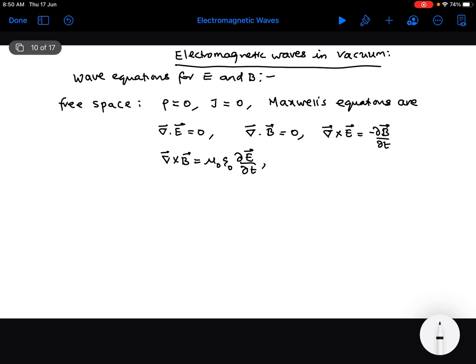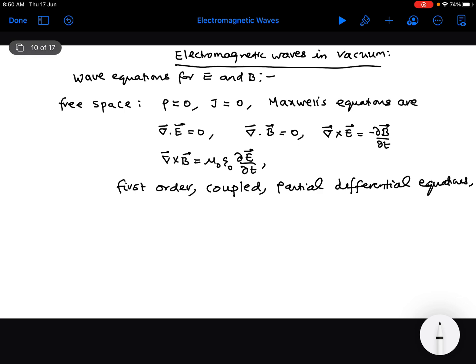So these four equations are first order coupled partial differential equations.